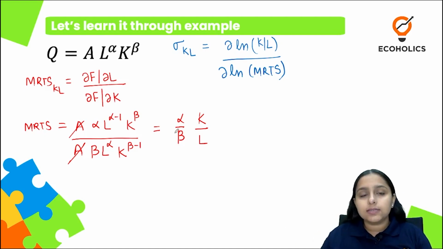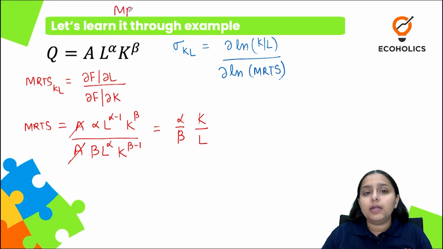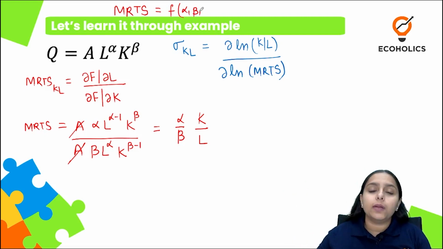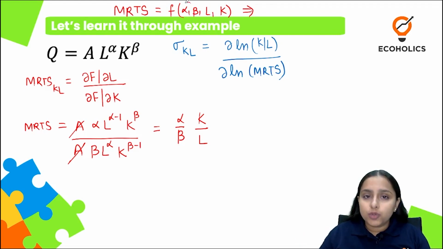So the trick is that when you find MRTS, you get something as a function of alpha, beta, or whatever the other parameters are, L, K. But the trick is that you convert this. You can leave the parameters aside. You do not have to bring a change in parameters.